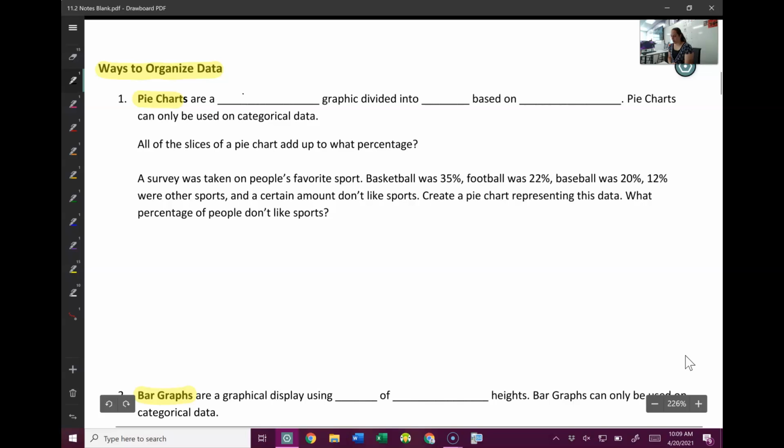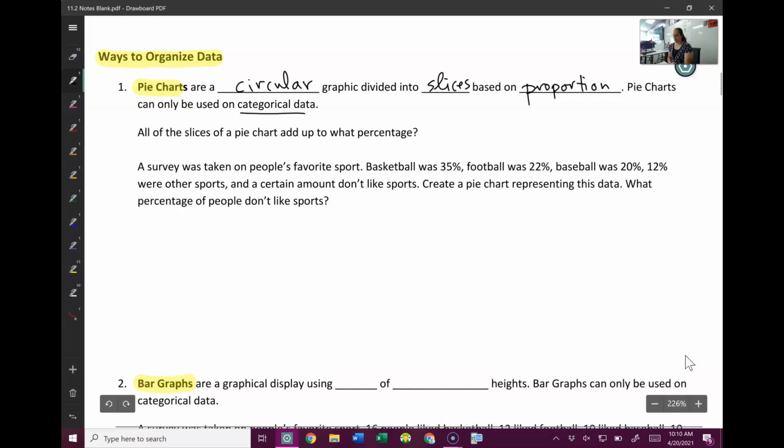Pie charts are a circular graphic divided into slices based on proportion of your population or your sample. Now, they can only be used on categorical data, like I said, and we know that all slices of a pie chart must always add up to 100%.